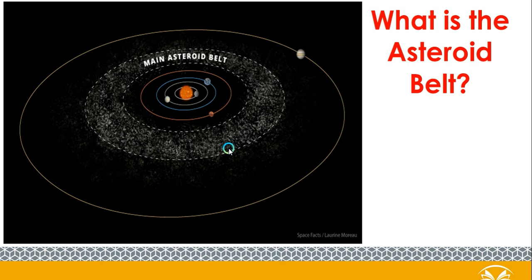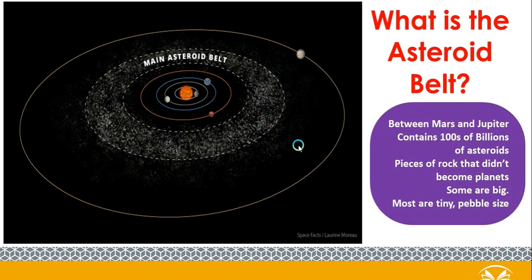So let's talk about asteroids. What is the asteroid belt? You can see this is the orbit. These are the planets moving around the sun. Now here is Mercury, this is the Earth, you have Venus, you have Mars, and this is the asteroid belt, mainly just rock.